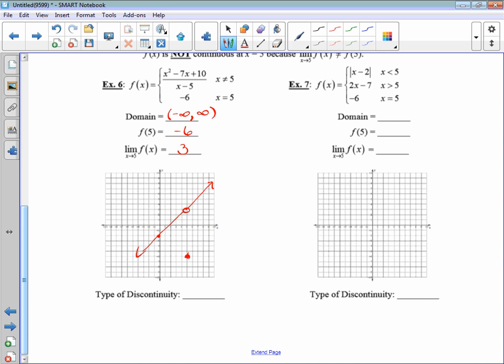So for our 3 reasons why something could be discontinuous, the first one, f of 5, that exists, so we're good there. The limit exists, but are they the same? No. Okay, so if you were explaining why this is discontinuous, you would say, and I'll write it down below, f of 5 does not equal the limit of f of x as x approaches 5.